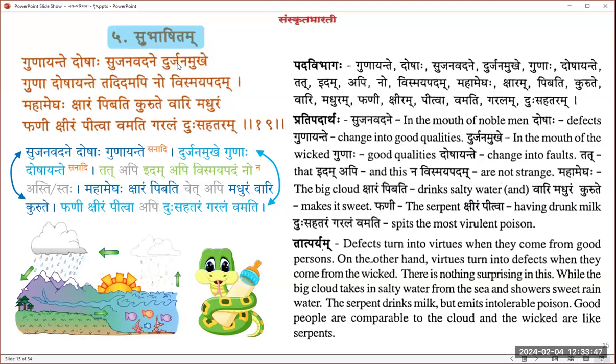Then on the paksha of Durjana, you see this sentence. Phani kshiram pitva vamati garalam dussahataram. A hooded snake, obviously a poisonous snake. Kshiram pitva, having drunk milk. This is just imagination of ours, of course. Dussahataram garalam vamati.